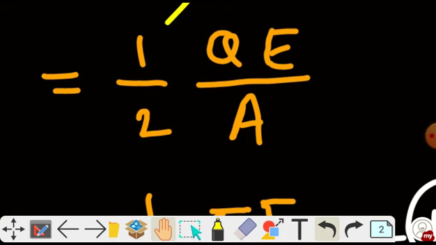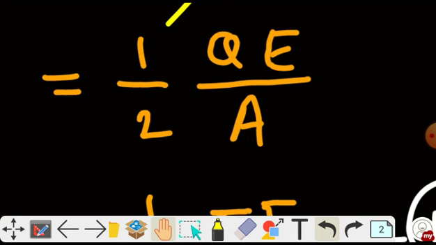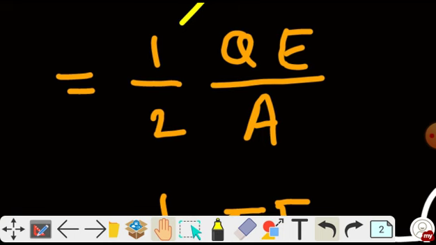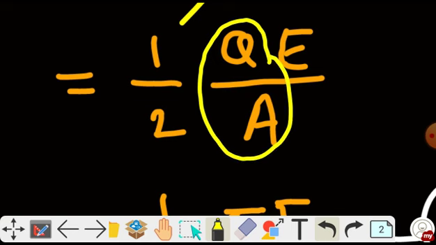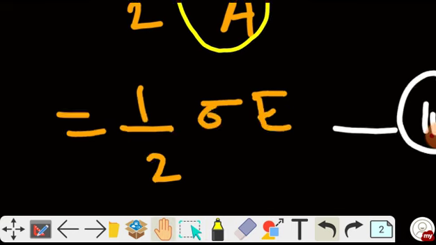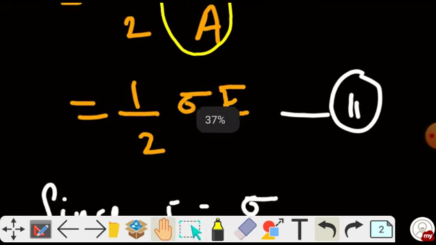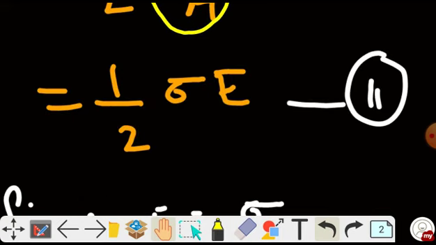Now still there is no epsilon naught in this expression. We have to bring it somehow, and we have to remove Q and A from here. Just think of some way by means of which you can remove this Q and A. Looking directly, one thing comes to mind, that Q by A is sigma. So let's put Q by A equals sigma, and let this be equation 2. Still we don't need sigma in our expression, we need epsilon naught. So what do we do to bring epsilon naught here?